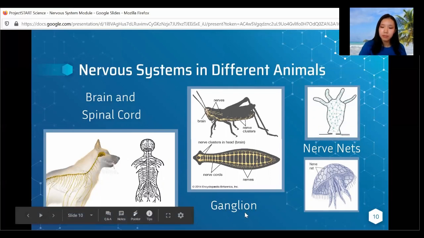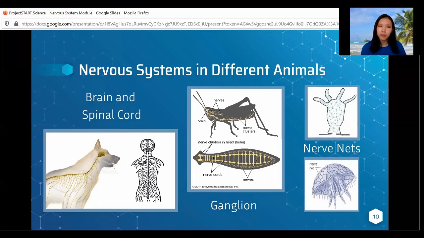For some invertebrates and more primal animals, they have ganglions, which are, think of them as small brains scattered throughout the whole body. They might have clusters of brains or bigger brains, which are not necessarily their brains. Like we do not have one central brain, but a main brain and sub-brains almost.